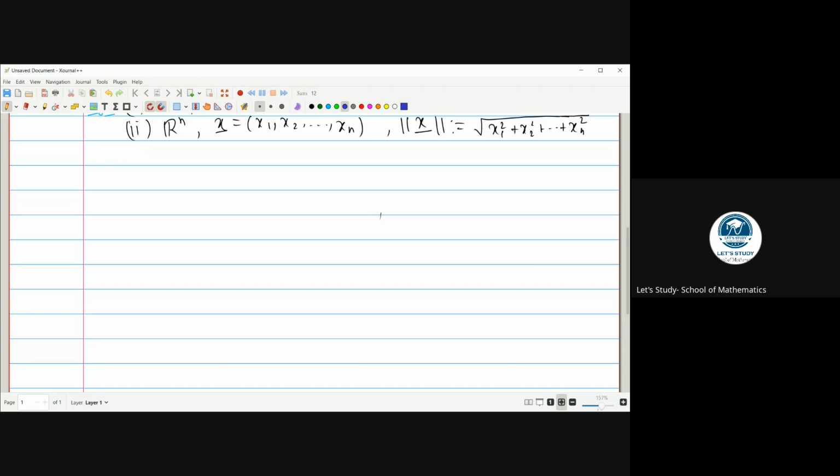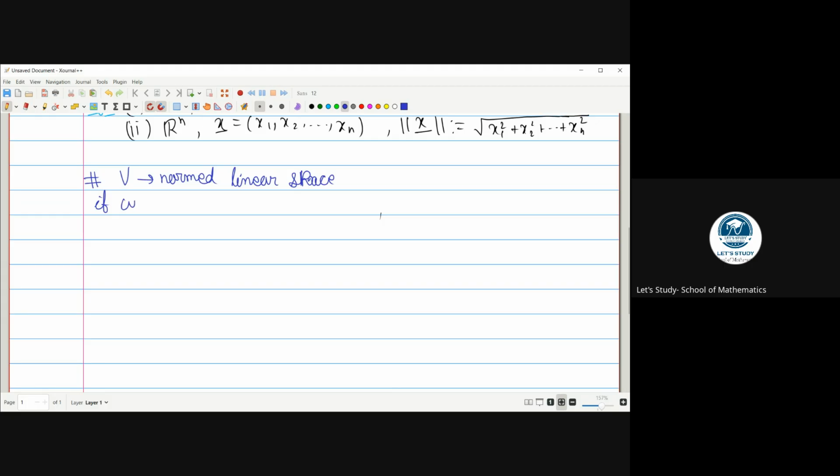I am going to use some terminology. Suppose V is a normed linear space.